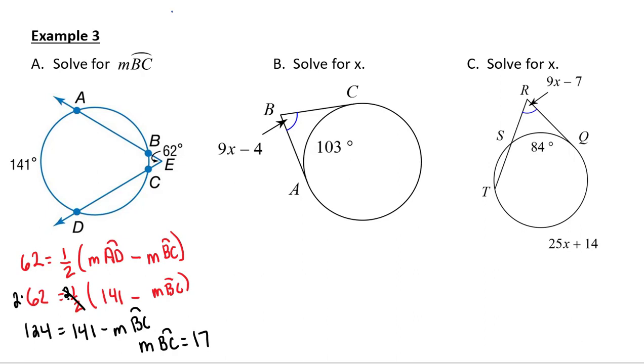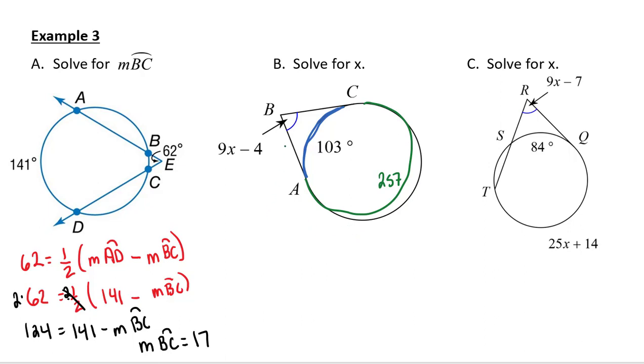Now this is a fun one. They tell me this arc here is 103. So going around the other side of the circle, subtract from 360 to get the other one to be 257.